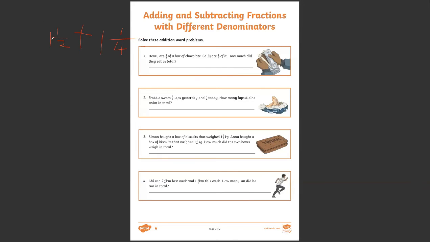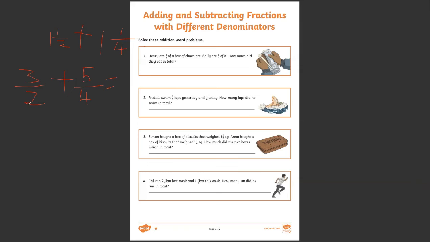So this is a proper fraction. So we got 1 and a half. 1 times 2 is 2 plus 1 is 3. So we change it to an improper fraction, 3/2. And the quarter, 1 times 4 is 4 plus 1 is 5. So we have 5/4.